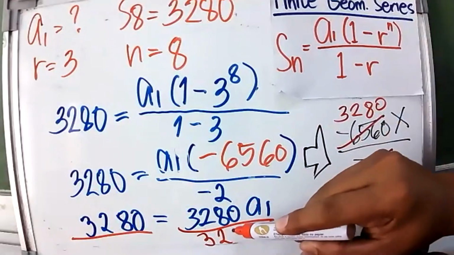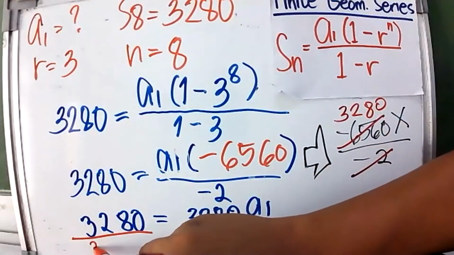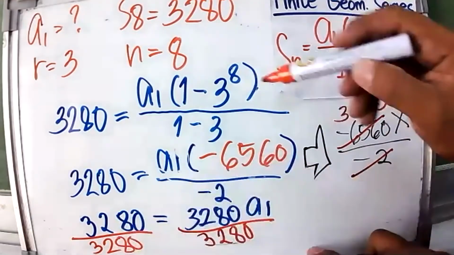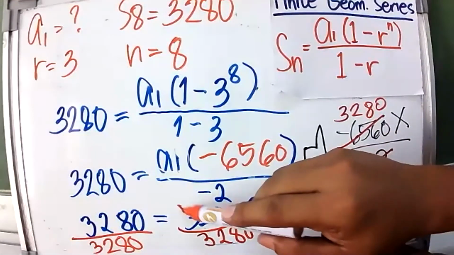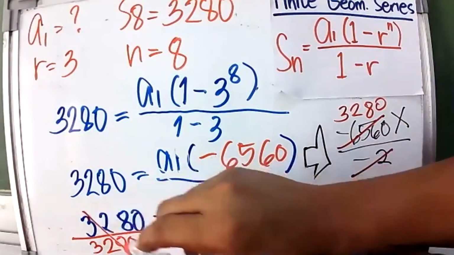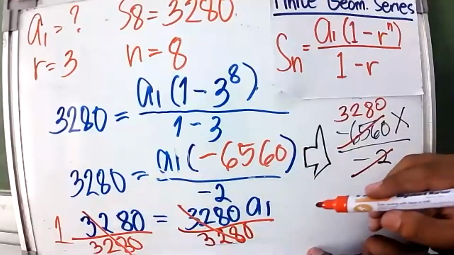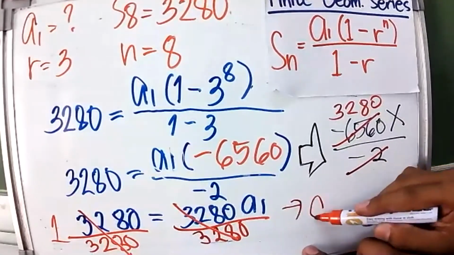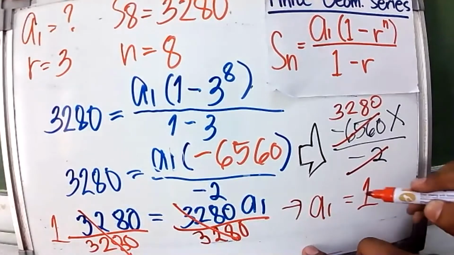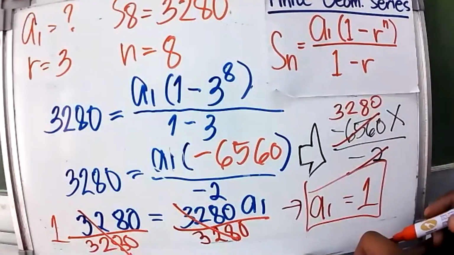When you simplify them, cancel, that's 1. Cancel, that's 1. So therefore, our a sub 1 is equal to 1. Did you get it?